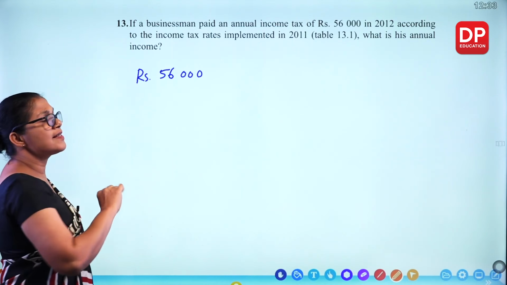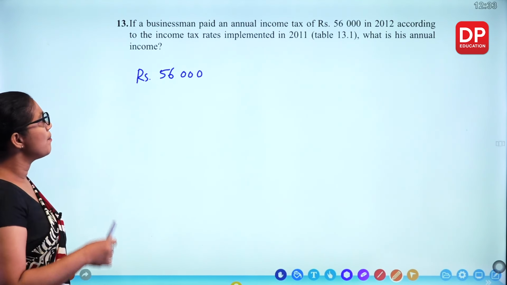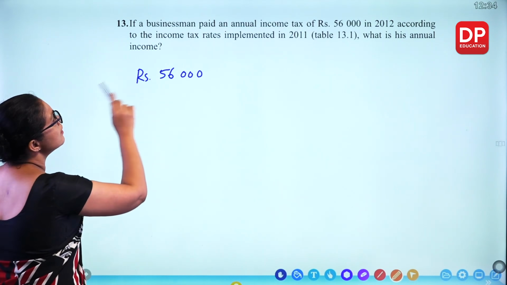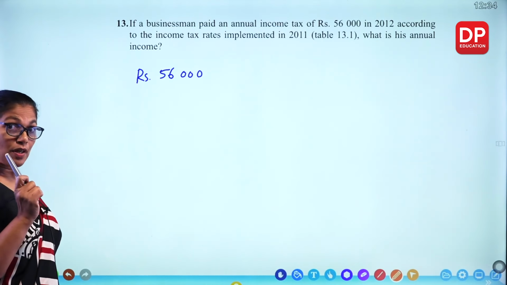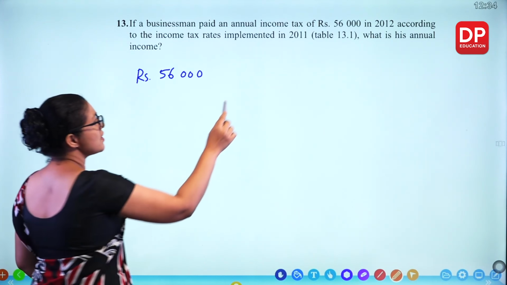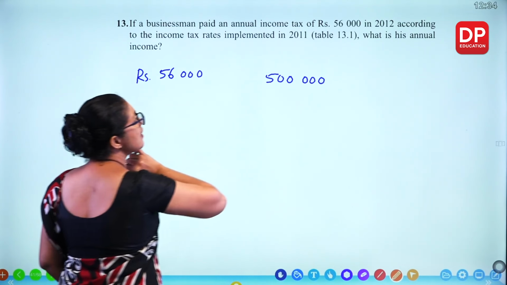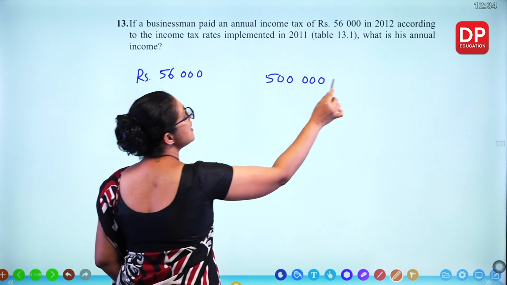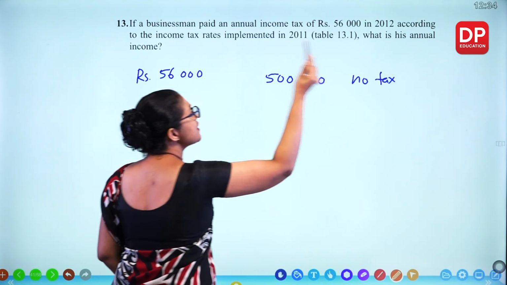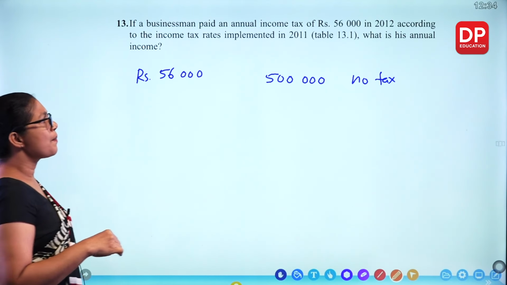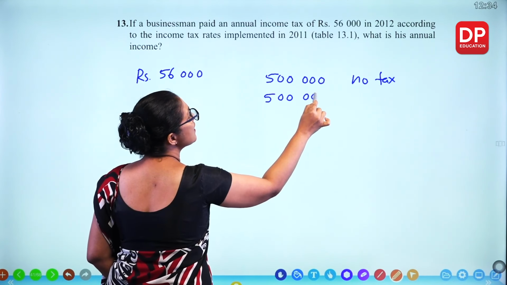Now the tax is given and you are asked to find out the annual income. Now here we know that first 500,000 you are not paying any tax, no tax. Then for the next 500,000 you are paying 4% of that.